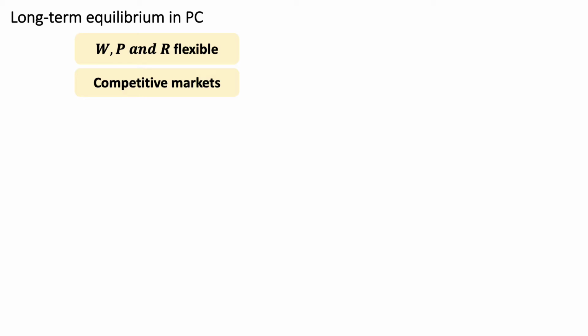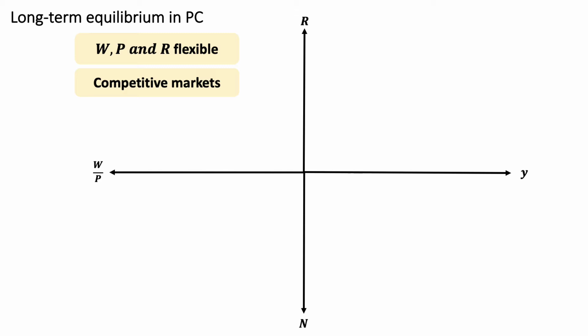In this situation, there are five endogenous variables: Y, R, N, P, and W. So how can we represent and calculate the macroeconomic general equilibrium in this economy? It's actually pretty simple.